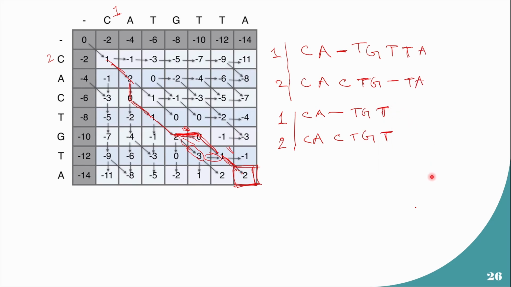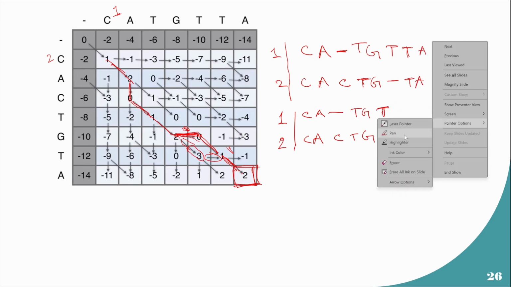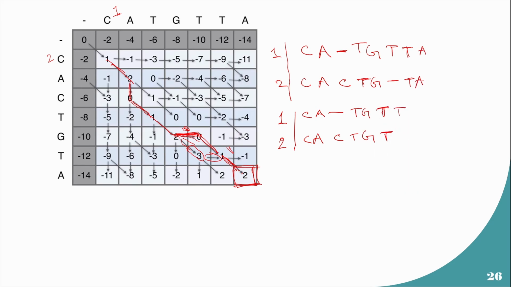So for sequence 1, we see another T is present. However, in this particular place, sequence 2 remained at the same place, right? So T versus a gap we can see here, and then the last A will be matching. Okay.